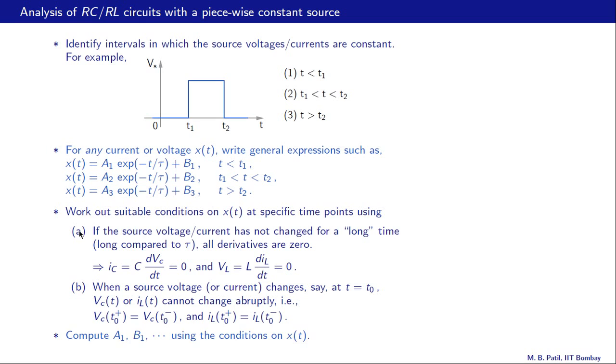So using these considerations, we can work out suitable conditions on the current or voltage at specific time points, and then use those to compute these constants A1, B1, A2, B2, and A3, B3 in this example. Once we have tau and these constants, we have a complete description for the quantity of interest.